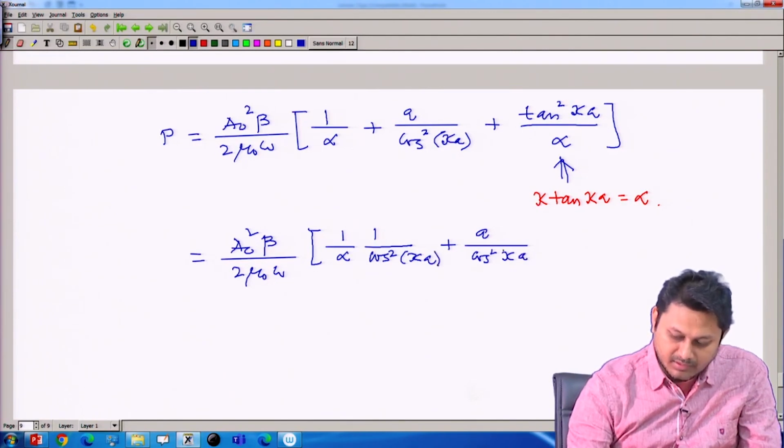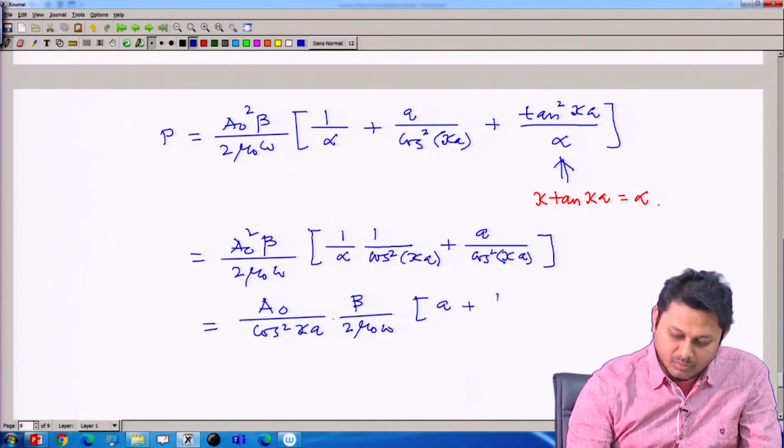So, I can take cos square kappa a common from both the terms, and I have A0 square divided by cos square kappa a multiplied by beta divided by 2 mu 0 omega as a plus 1 by alpha.